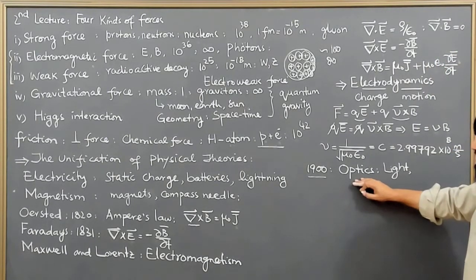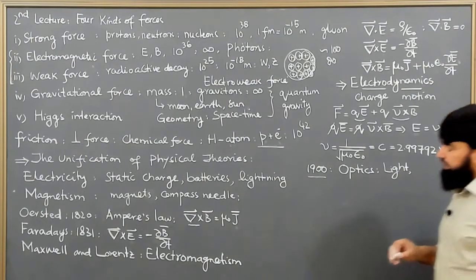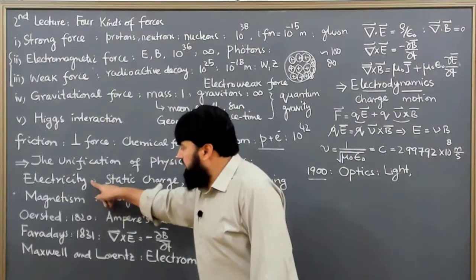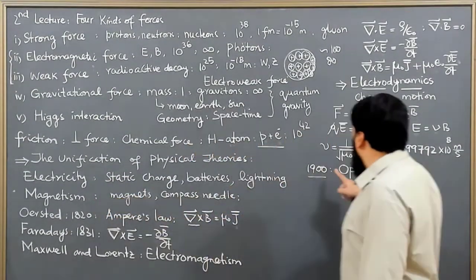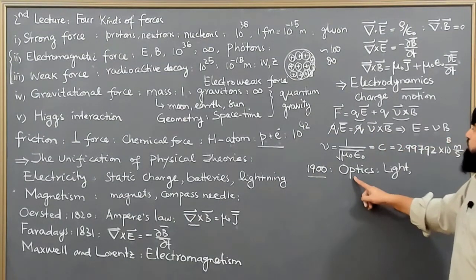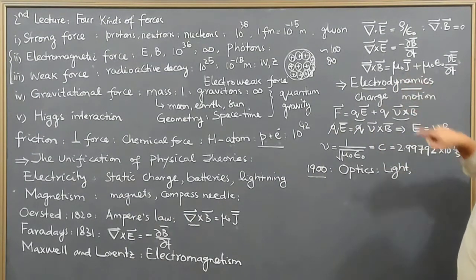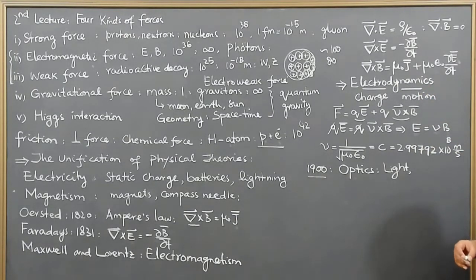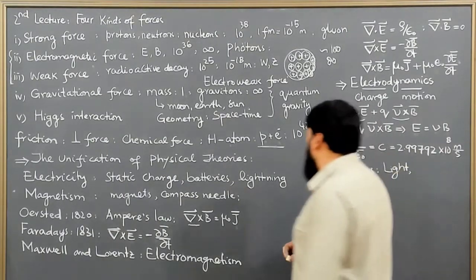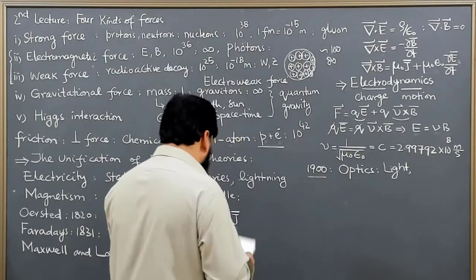So optics, these three things combined, electricity, magnetism and optics combined into one thing, which was electrodynamics. So all of them came under one thing, and this was one of the biggest unifications in the history of physics.